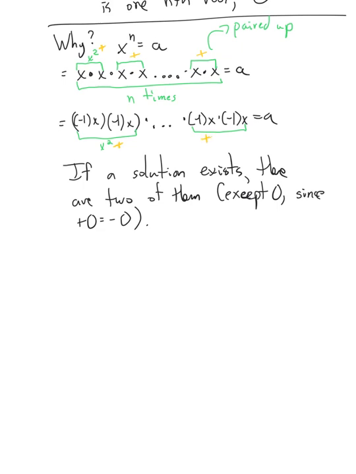All these pairs give you something squared, and something squared is always positive. So what does that tell us? Well, the left-hand side is always non-negative, because it could be 0.